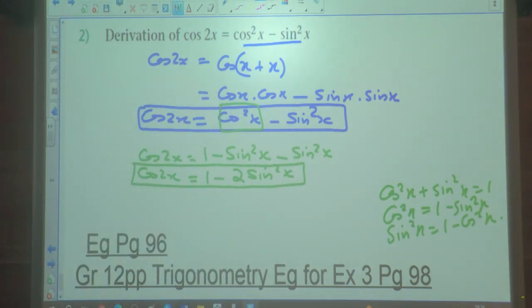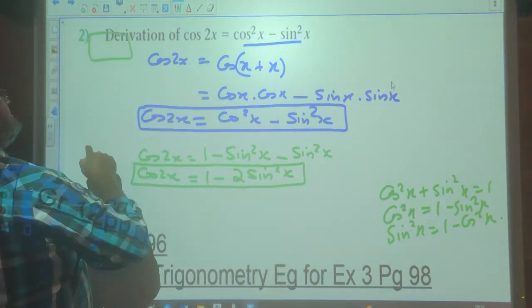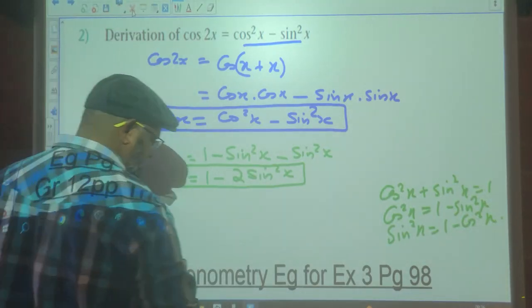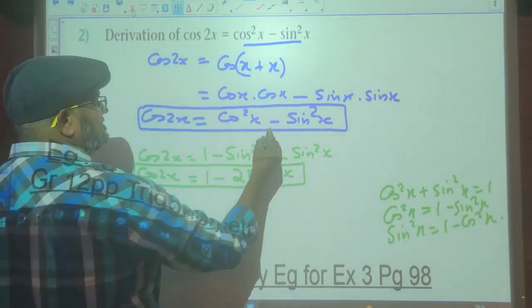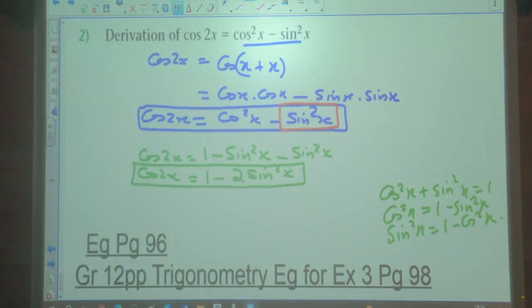That's formula number 3: cos 2x is equal to 1 minus 2 sin squared x. You say, okay, let's see what happens if we change the sin squared x. What would sin squared x be written as?